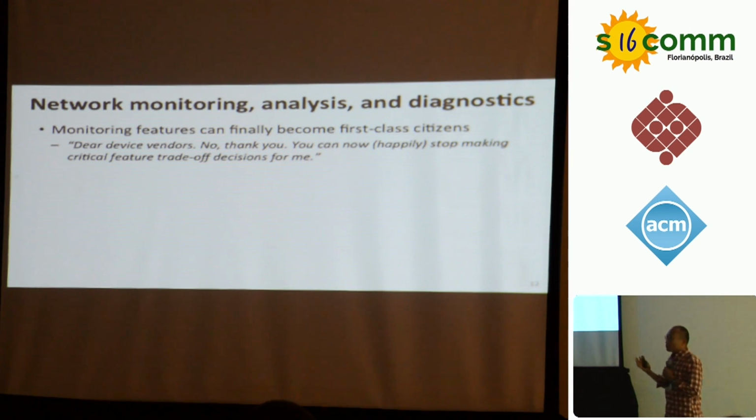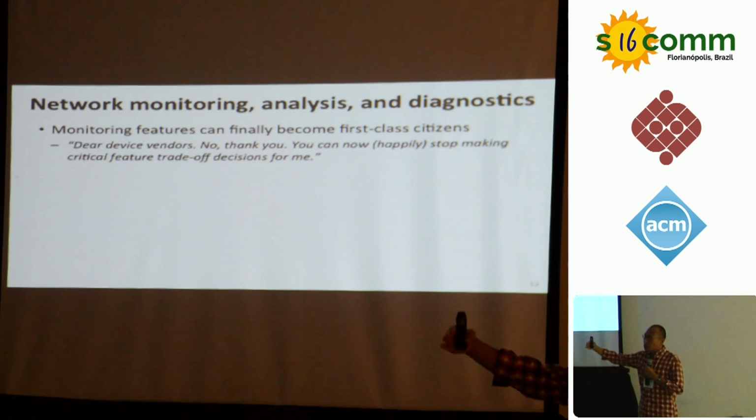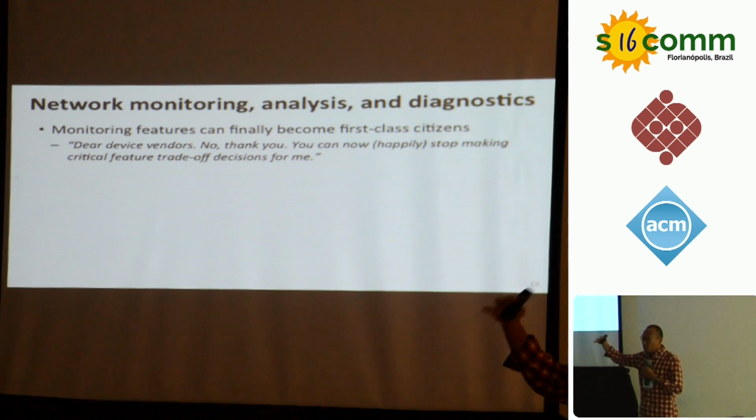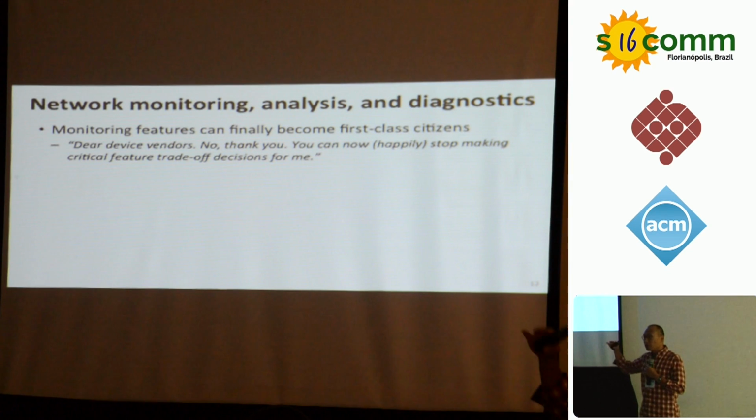So monitoring features have always been second-class citizens in these high-speed networking chips or devices. The reason is that whenever you need to devise the next generation of very fast networking chip, or ASIC, for example, the hardware engineers are paranoid about achieving that speed, plus the very basic features like routing table lookup, MPLS, multicast, or whatever.